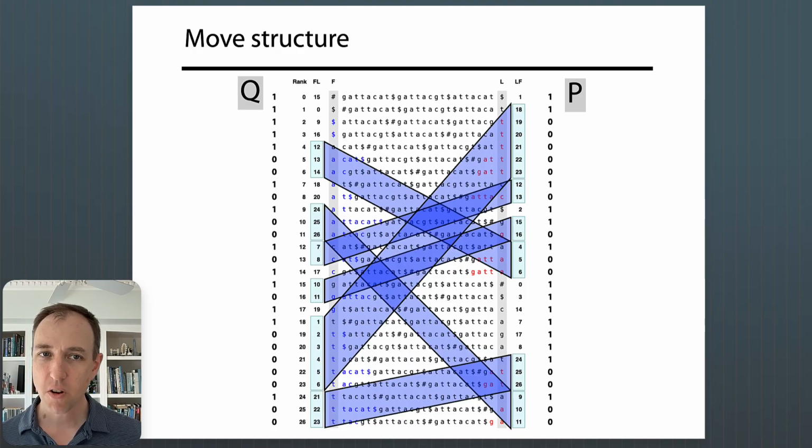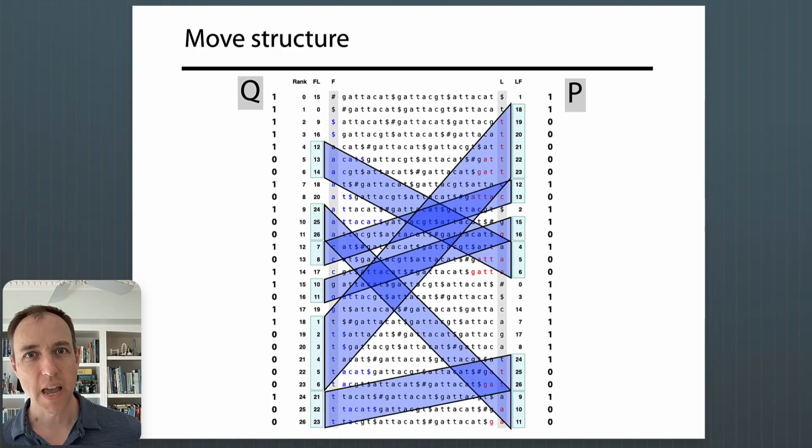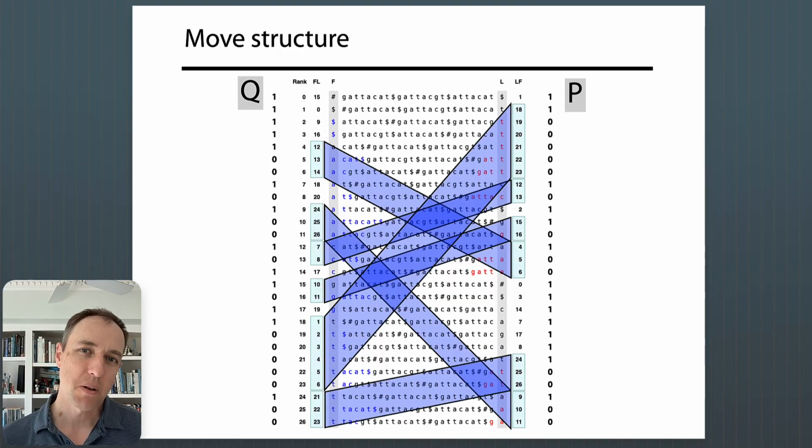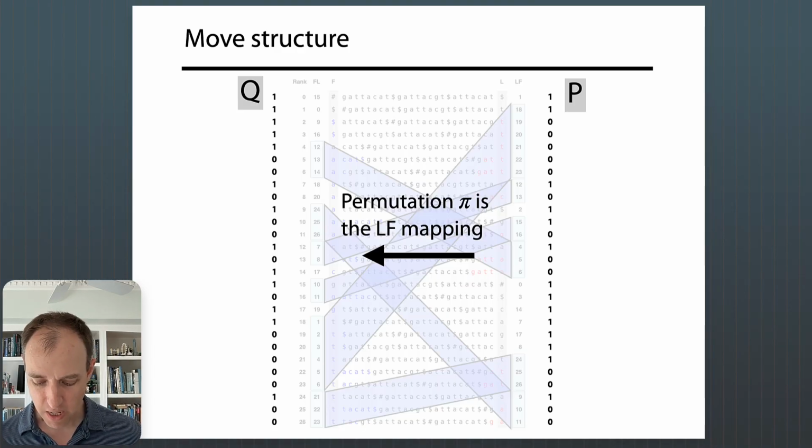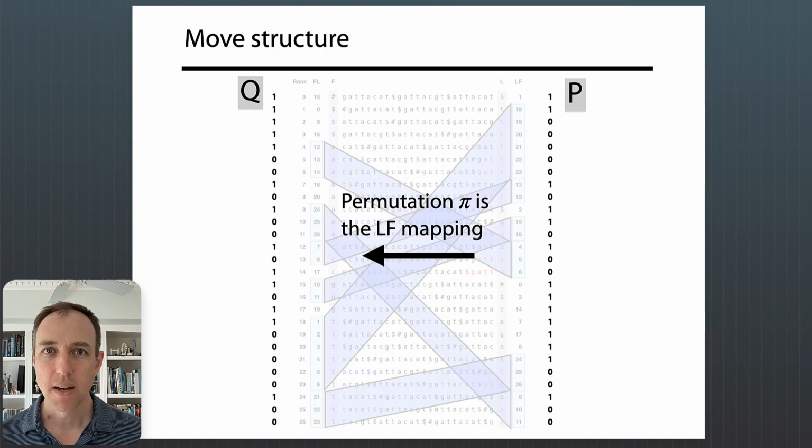Okay, so if this is our p and this is our q, then of course we can build a move structure. Maybe we do some splitting, right? We might need to do some splitting to guarantee constant time queries with our desired bound. Let's just forget that for a moment. Let's just say that we're using this P and Q, and we can build a move structure, and that move structure lets us do pi, the permutation pi, dictated by these parallelograms.